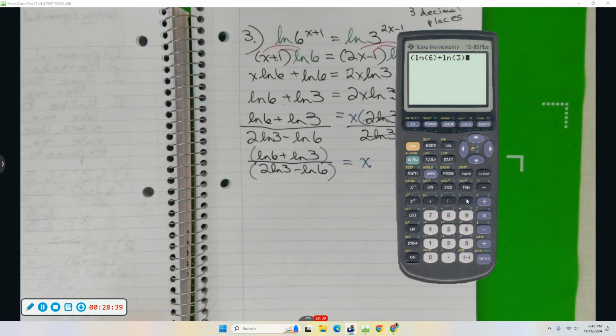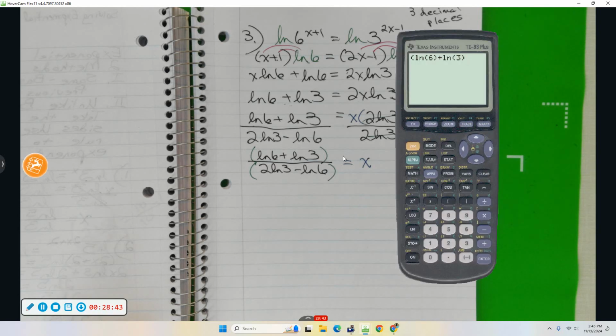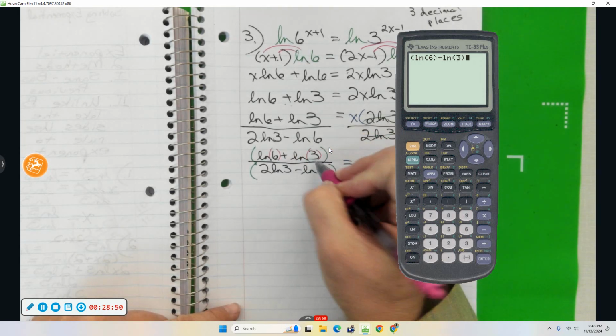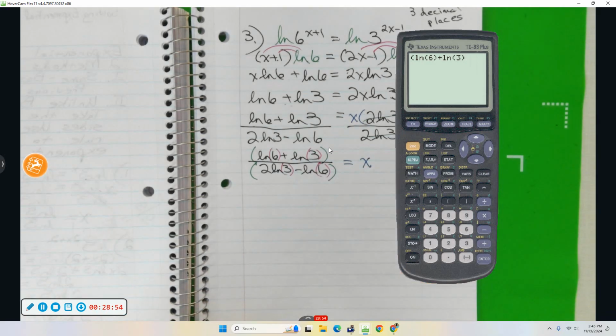I'm through with the numerator. No, before I divide, I'm going to have to close parentheses again. Basically, here's what we're entering. We have a lot of nested parentheses there, okay? So, there's what we're typing in. So we have a close of parentheses again. All of that stuff that I've typed there is the numerator.